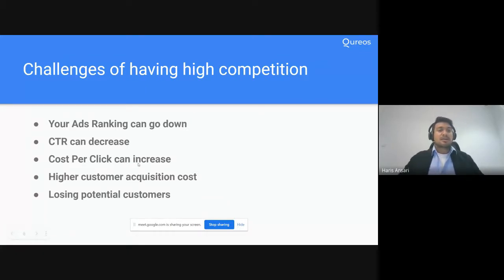And if the cost per click is going up, the conversion rate for someone clicking on the link and going to your website is going to go down as well. And eventually you might end up getting few customers at a high cost. So this is something we all need to be careful of when we are running a search campaign, and this could be a repercussion of high competition in the market.